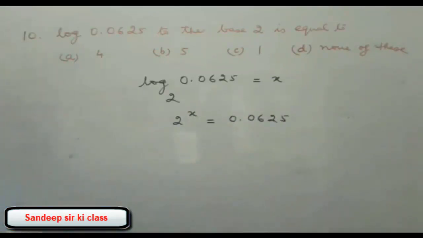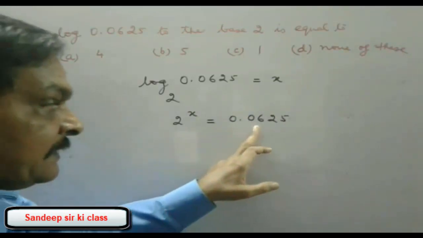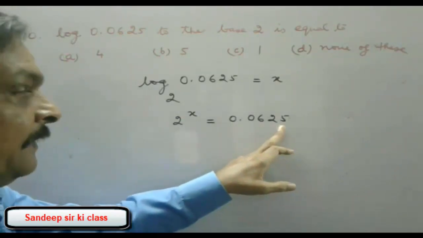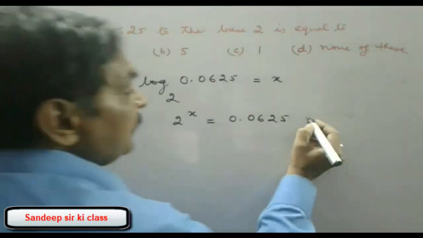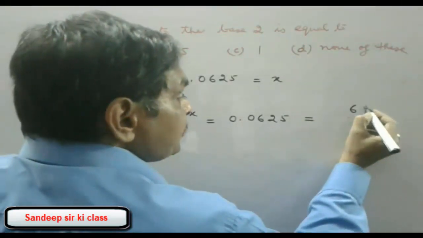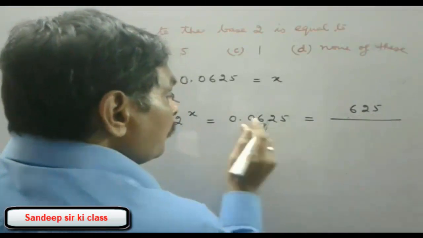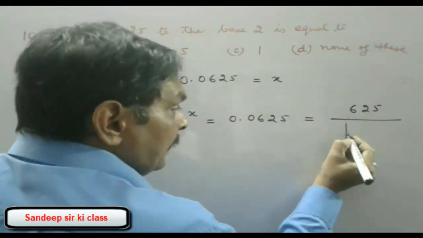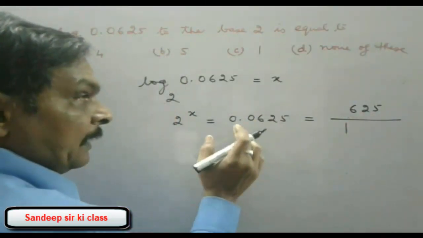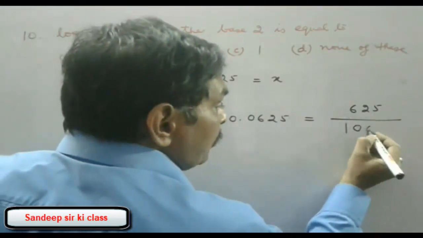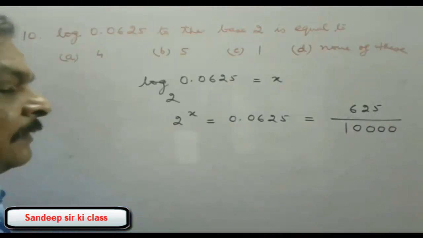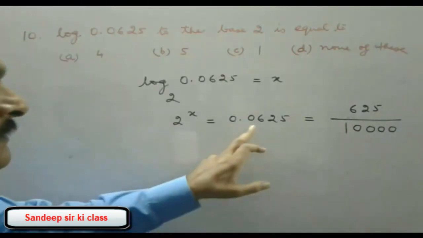Now when we convert this decimal number into fraction form, we write it as 625. We remove the decimal, write 1 in place of it. Now after decimal we have 4 digits, so 4 zeros will come. This will be the fractional form of this decimal number.